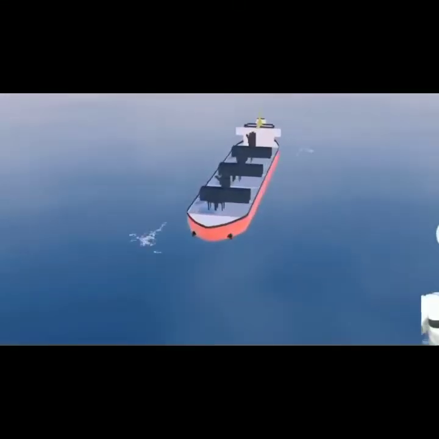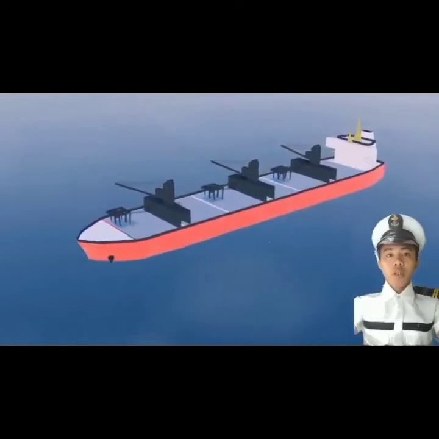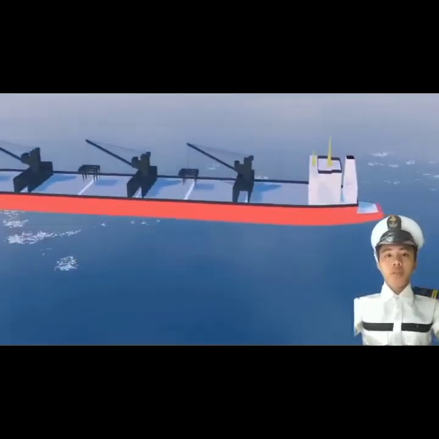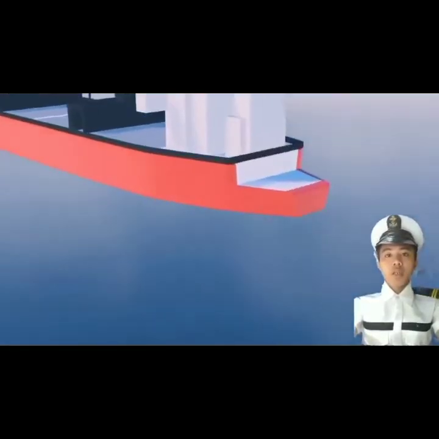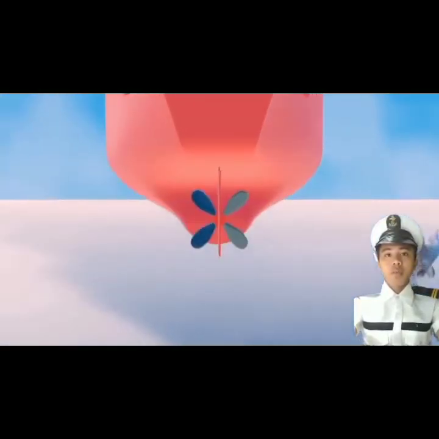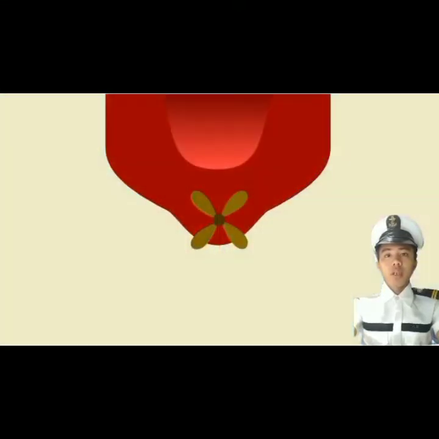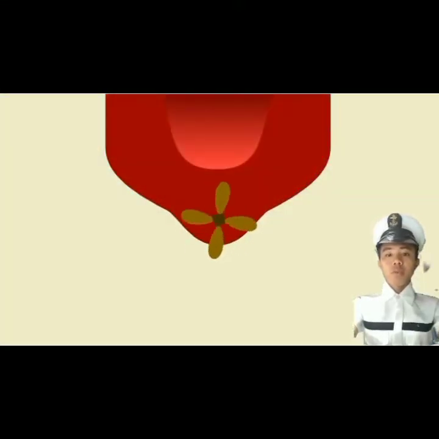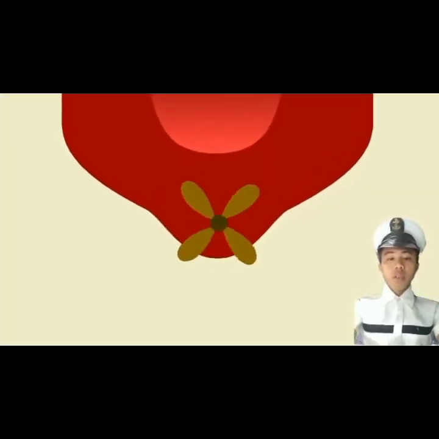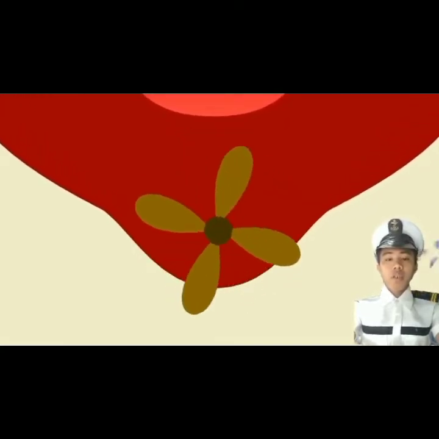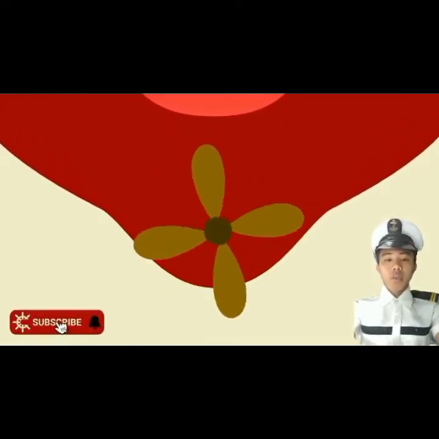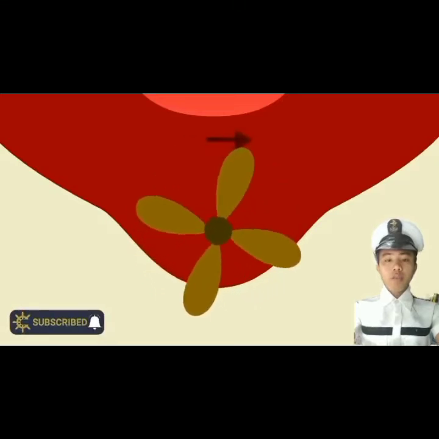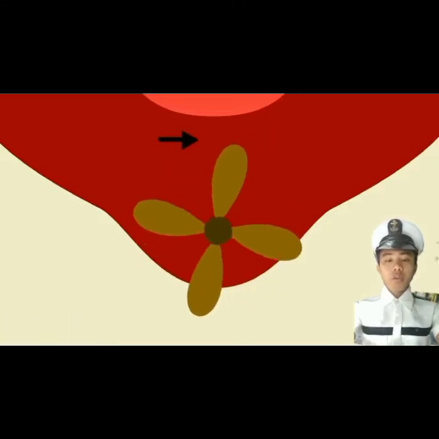I will discuss moving at steady speed astern, able to maintain the desired heading and counter the transverse thrust effect by application of rudder angle and propeller revolution. Transverse thrust is the tendency for a forward or astern running propeller to move the stern to starboard or port.